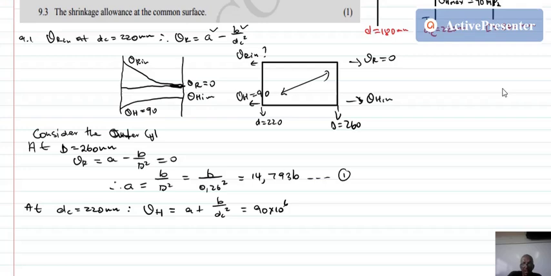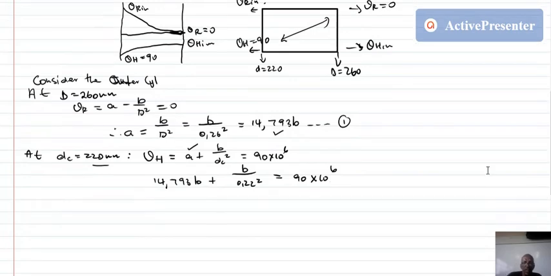But knowing that my A has been solved there, A will be 14.793B plus B divided by, I'm at 220, so 0.22 squared, which will give us 90 times 10 to the power 6.